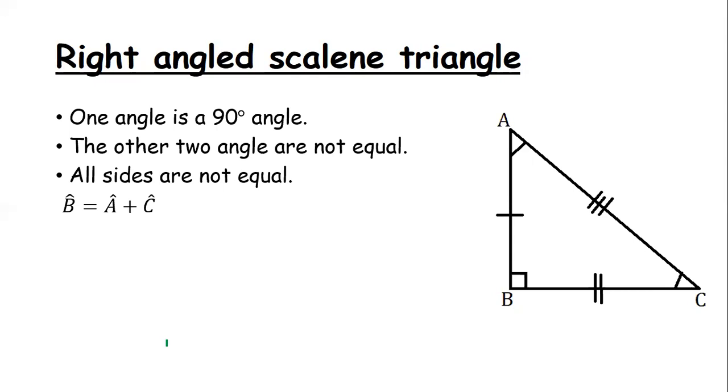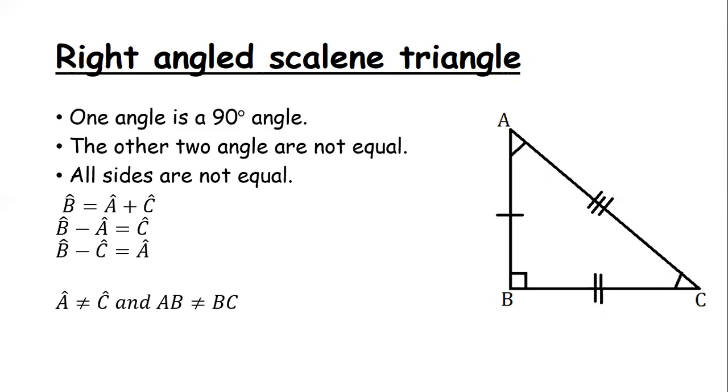Angle B, which is 90 degrees, will be equal to angle A plus angle C, and angle B minus angle A will be equal to angle C. So the 90-degree angle minus one of the other angles will be equal to the third angle, right? And remember, all the angles are not equal and all the sides are not equal.